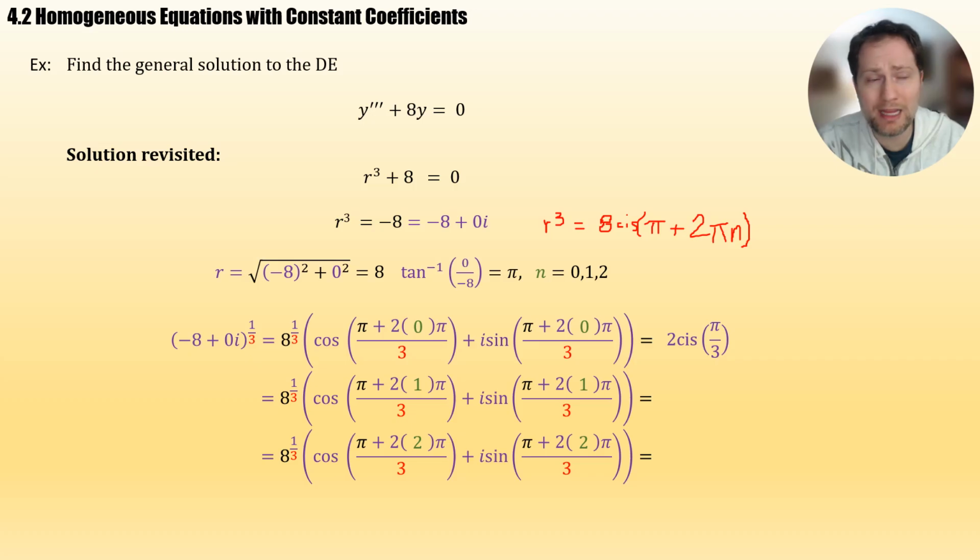Why didn't we say it was 8 cis 3 pi? That's a fine way to write it, and in this case it actually makes a difference. If the numerator is 3 pi, what do we get when we multiply by 1/3? We don't get the same thing. We don't get the same location for the root in the complex plane. We get 2 cis pi.